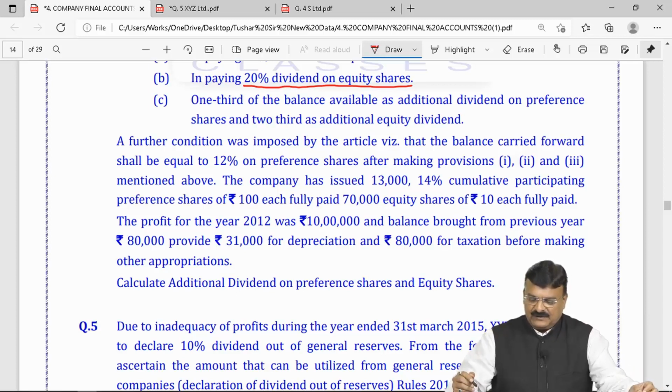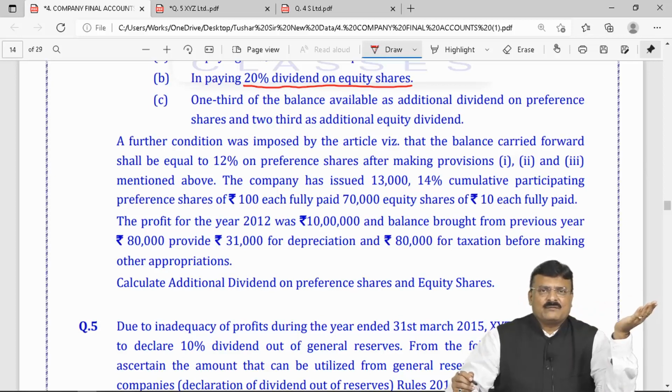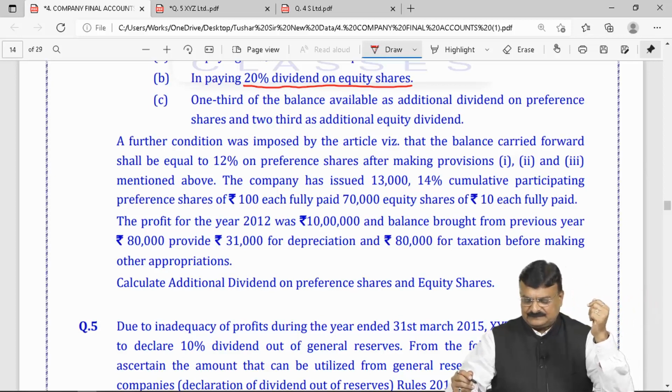A further condition was imposed by the articles that the balance carried forward shall be equal to, balance carried forward meaning the closing balance of P&L of the current year, which is brought forward as the opening balance of next year, on preference shall be equal to 12% on preferences after making provision of 1, 2 and 3 mentioned above.